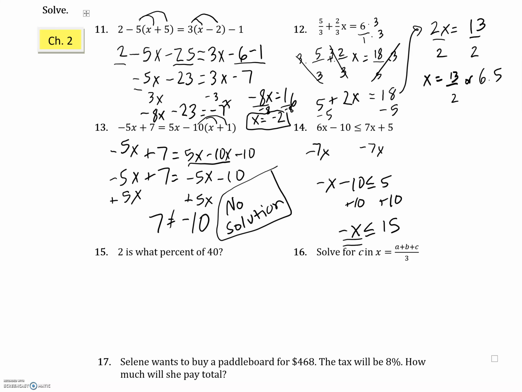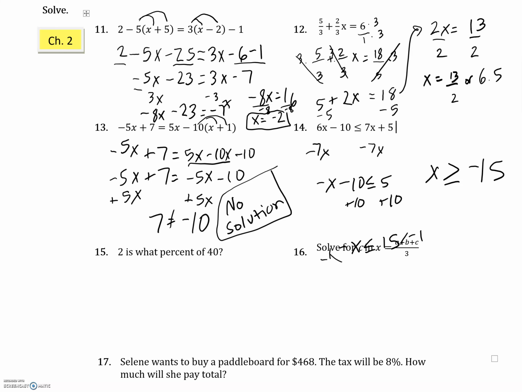Now whenever you divide by a negative number in an inequality, we're going to divide by negative 1. You have to flip the direction of the inequality. So we'll divide by negative 1. Sorry, that's not working to write over the other problem. So I have positive x, switch the direction of the inequality.